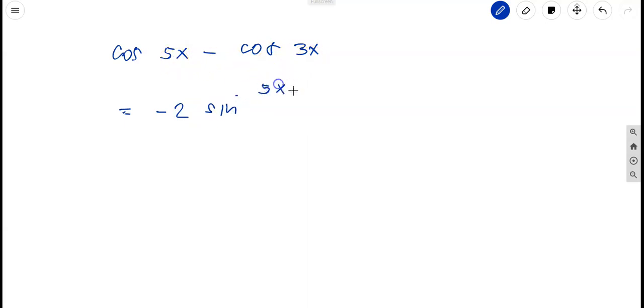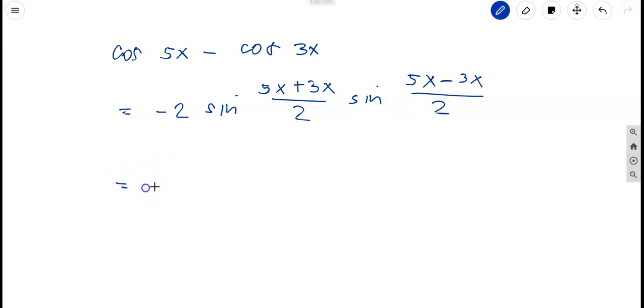So therefore you will get (5x plus 3x) all over 2, and then sine (x minus y), so (5x minus 3x) all over 2. We can get negative 2 sine, 8 divided by 2 is equal to 4x, and then sine, 5x minus 3x is equal to 2x, divided by 2, so you will get x. So your answer is negative 2 sine 4x and sine x.